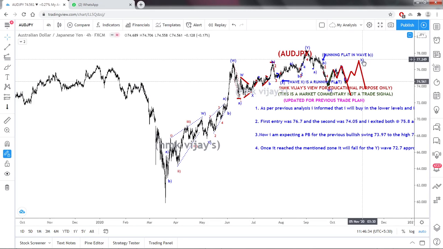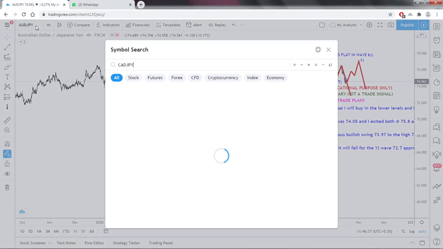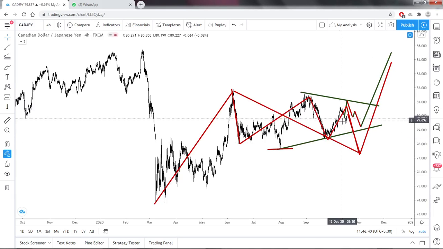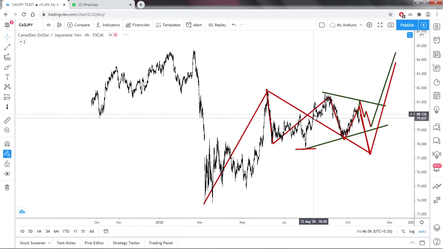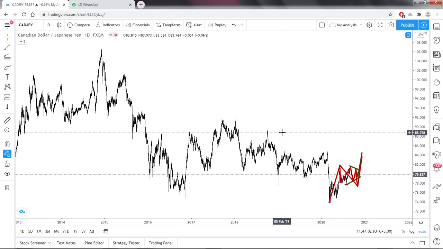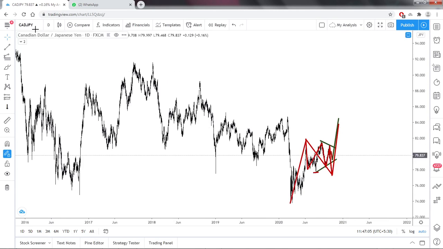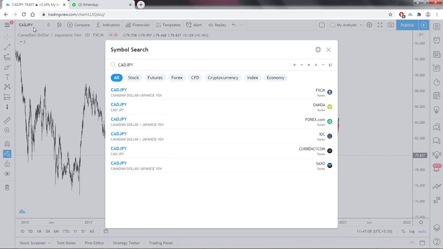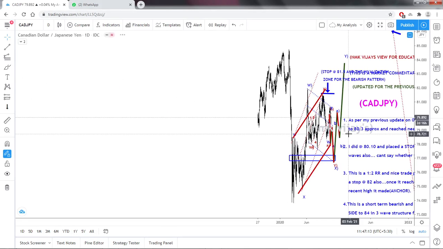So there can be another ABC that will end here, A, B, and C. Compared to AJ and CJ, we need to concentrate more on CJ, because this is the end of the correction. It will move very fast. Once it is finished, I am having that CAD JPY in the IDC.